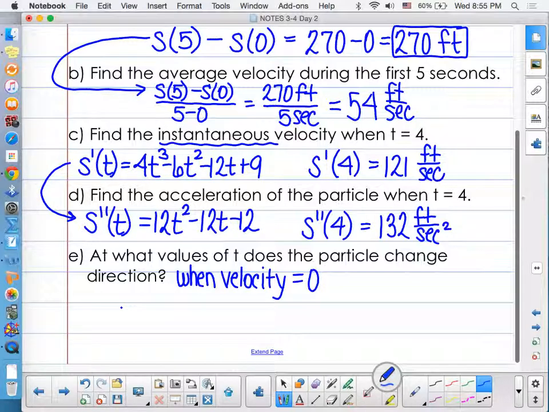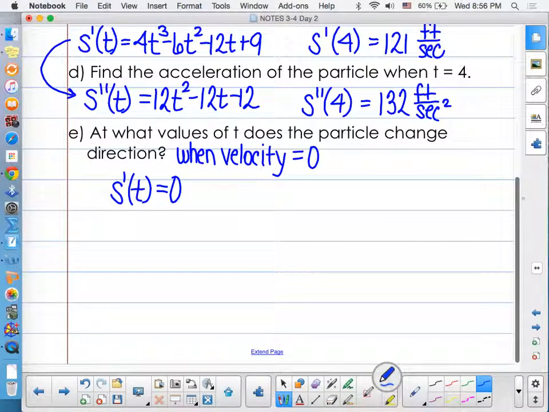So we're looking at when that derivative function, s prime of t, is worth 0. It's not a great cubic to solve by factoring, so we're looking for when 4t cubed minus 6t squared minus 12t plus 9 is equal to 0.